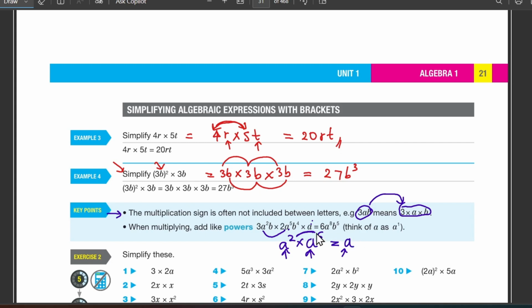Add those two powers. Then it's a to the power 7. And also, this only works when the sign is multiplication. And also, we have b times b to the power 4. So bases are same. Same base comes here. 1 plus 4 is 5. Okay.